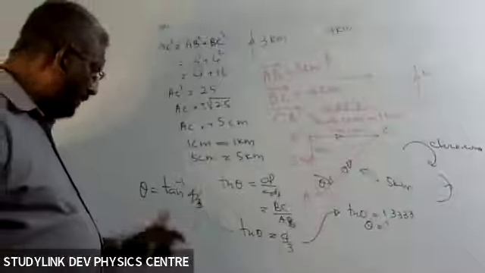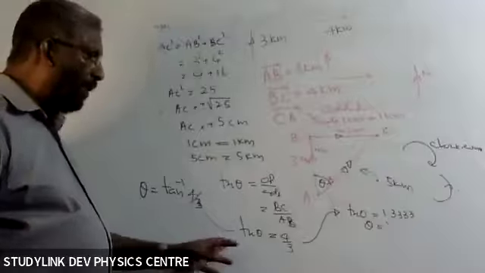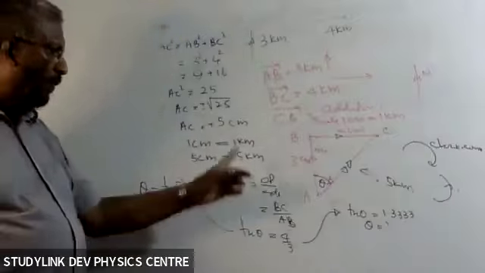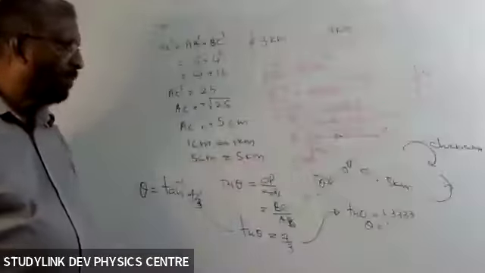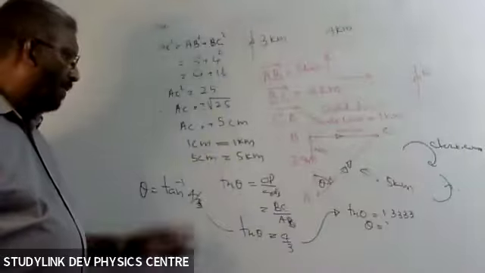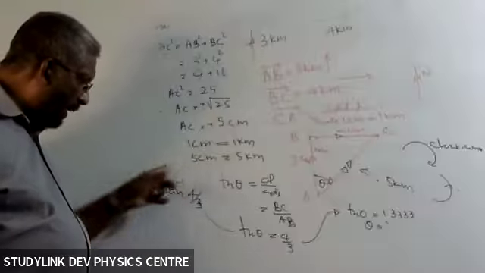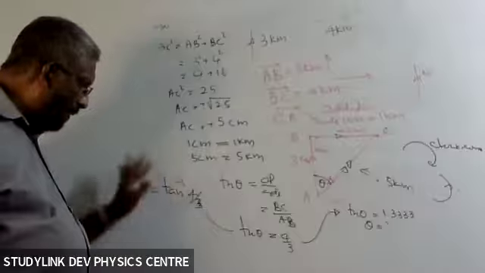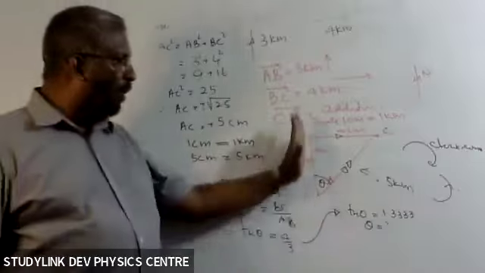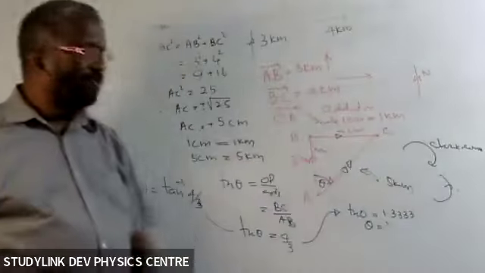I think you have come up to this. Here, how to write the answer. The displacement of the car is 5 kilometers making an angle of, you write like this, tan inverse 4 by 3, from north to east.